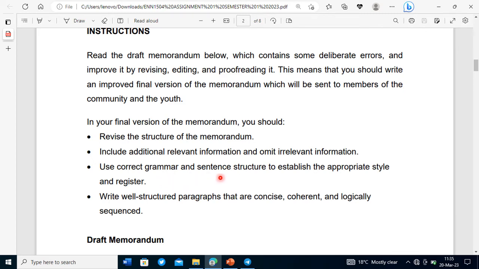And sentence structure: you need to understand whether we should write a memorandum in past tense or what tense. If you go through that video, you're going to see how you should write it, because there are some lectures there explaining it. You will understand. I just want to cut this video short as much as possible.